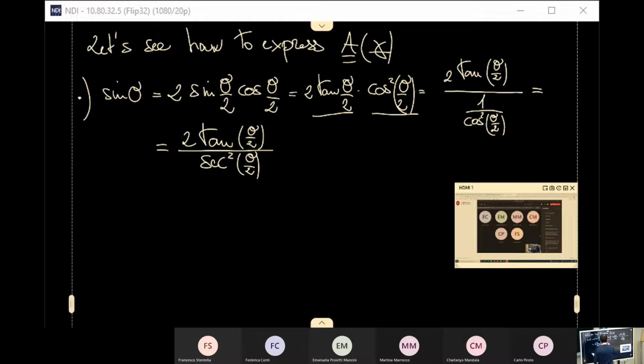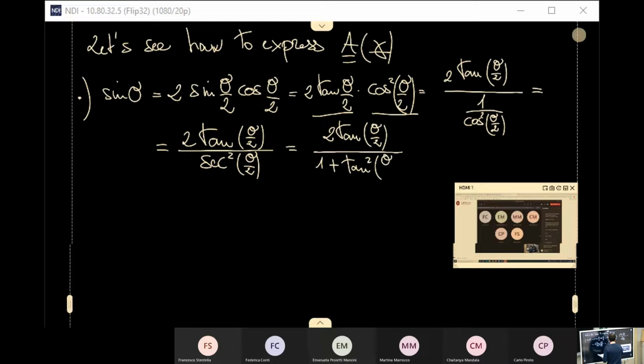And the secant, again, always resorting to trigonometric formulae, can be expressed as 1 plus the tangent squared of theta divided by 2. Okay.